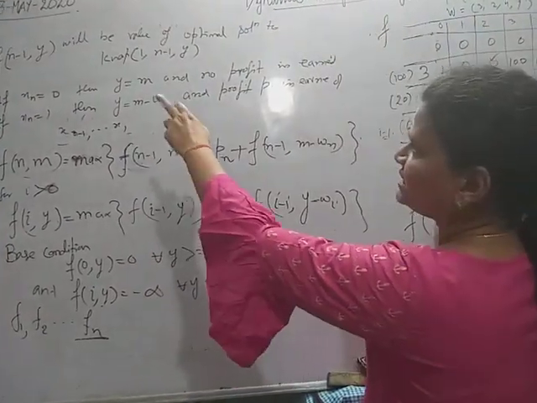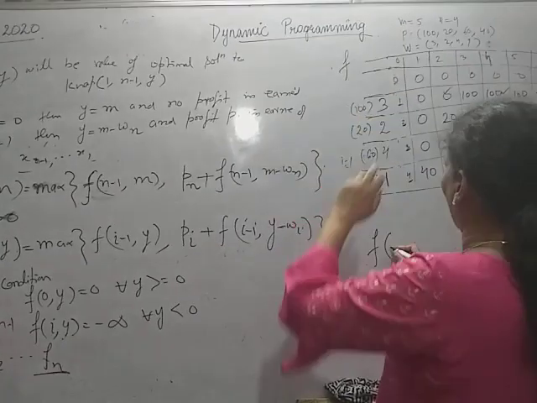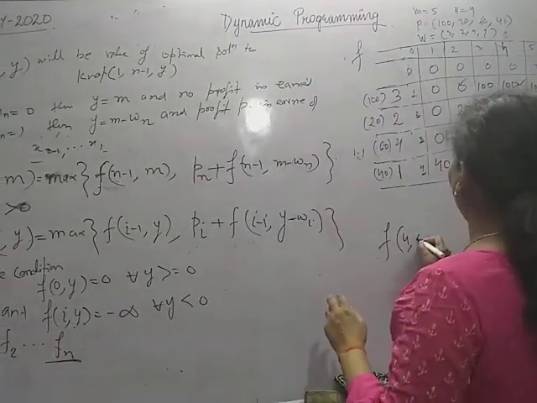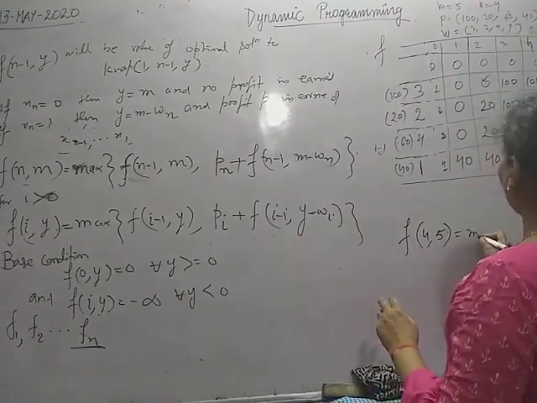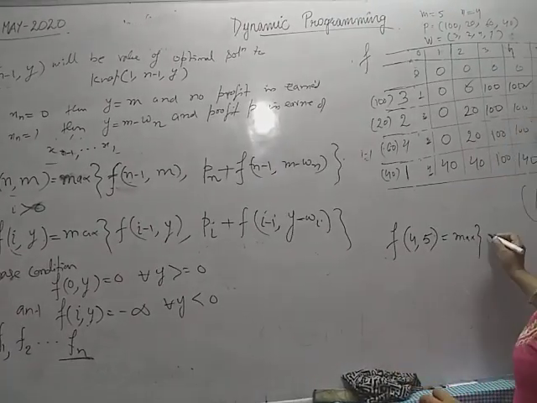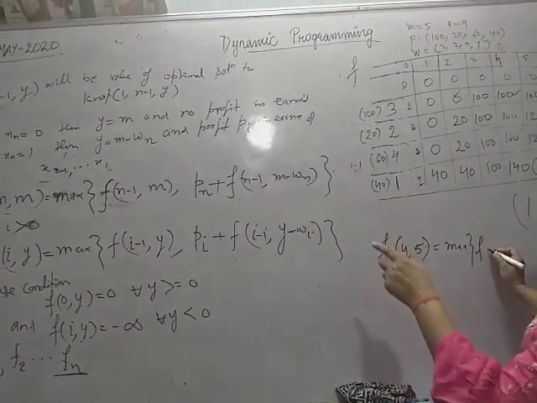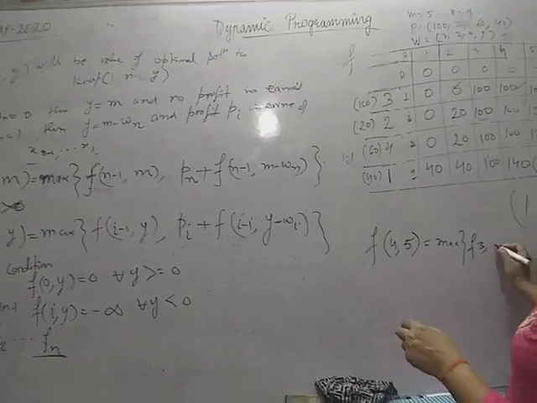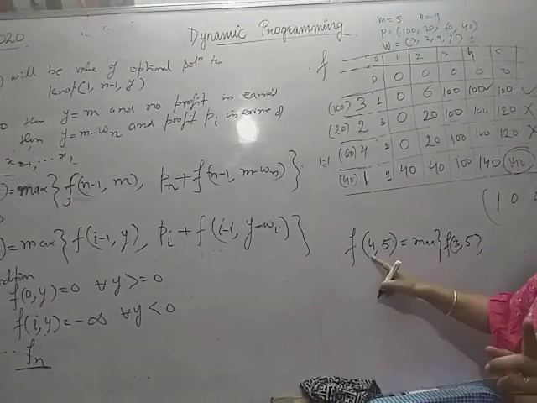Here the fourth object, capacity is 5, so f(4, 5) will be the maximum of f(3, 5) when the fourth object is not included.